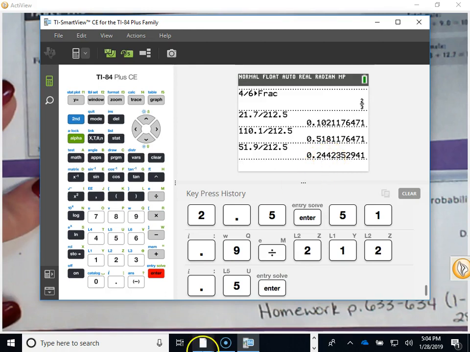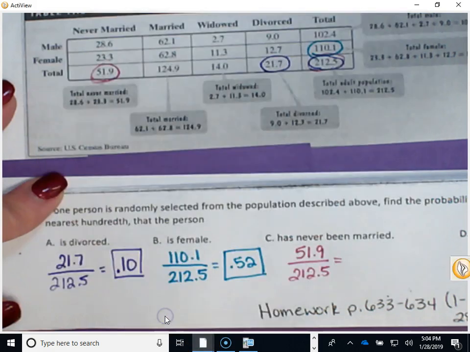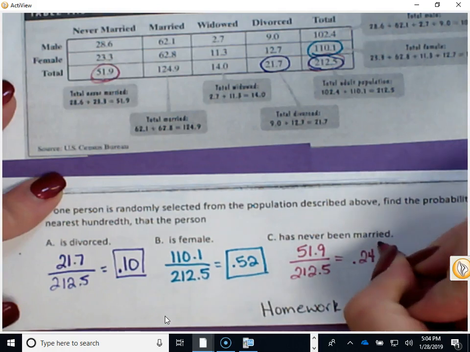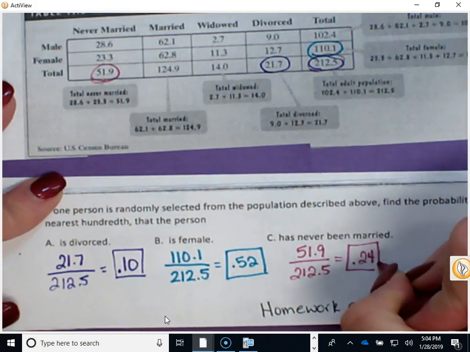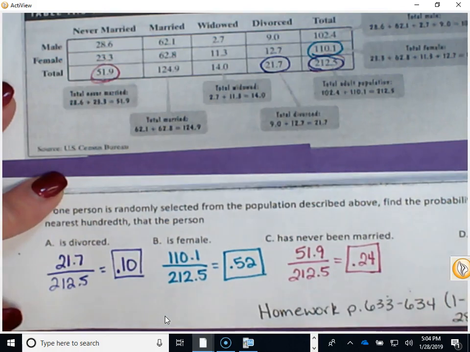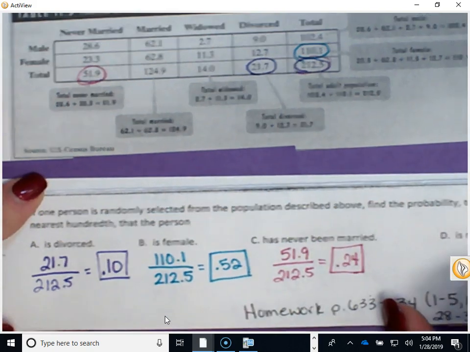So 0.24. So of the 18-year-olds and older, because remember, you have to think this is 18-year-olds on up, most are not married. I'm sure a lot of this is the younger group in there, but not all. So that's why it's 24%, or 0.24.